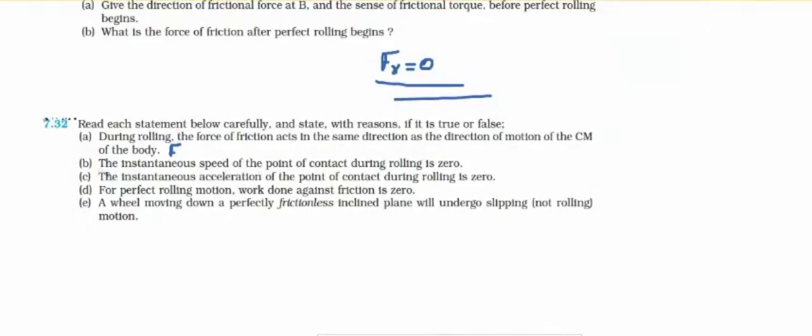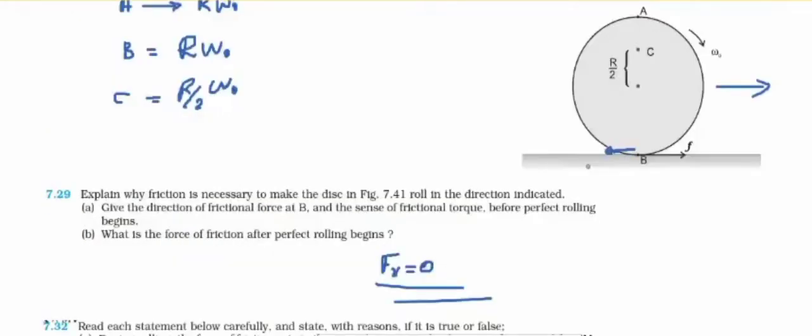Second, part B: the instantaneous speed of the point of contact during rolling is 0. The statement is true. So here we can see this point will have a linear velocity towards here, but the total disk has a velocity in the opposite direction.